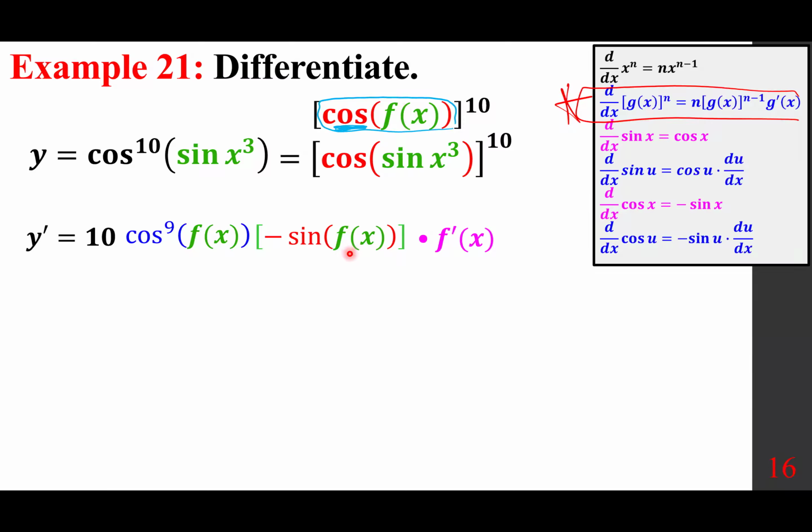What is the argument? f of x. The chain rule says times f prime. So now all we have to do is replace f of x with sine x cubed. So this is sine x cubed. This is sine x cubed. What is f prime of x? Now we are going to differentiate this.